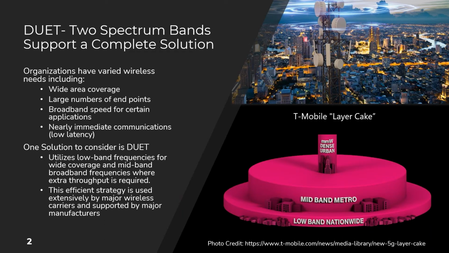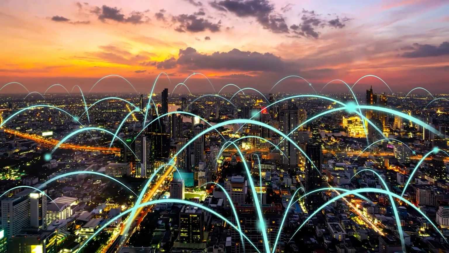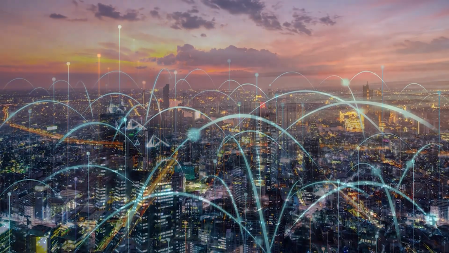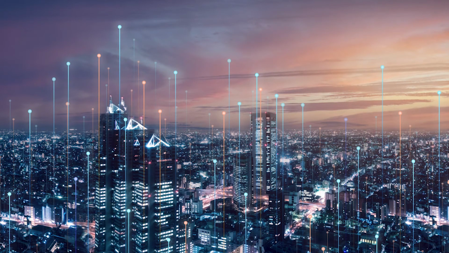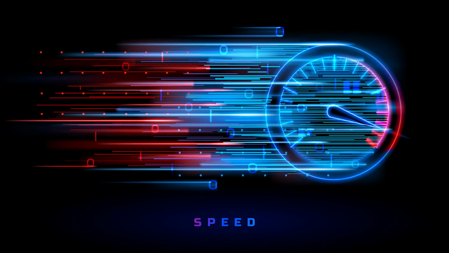support are quite relevant. So as you think about building a private network, what are some of the requirements you might have? You might need wide area coverage of a large area. We'll show later a coverage of the majority of a whole state. You might have large numbers of endpoints, but you might also have the need for broadband speed for some, but not necessarily all of those endpoints.